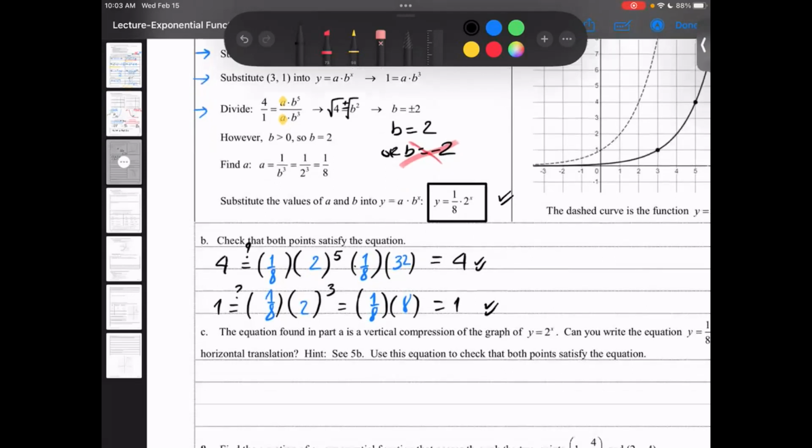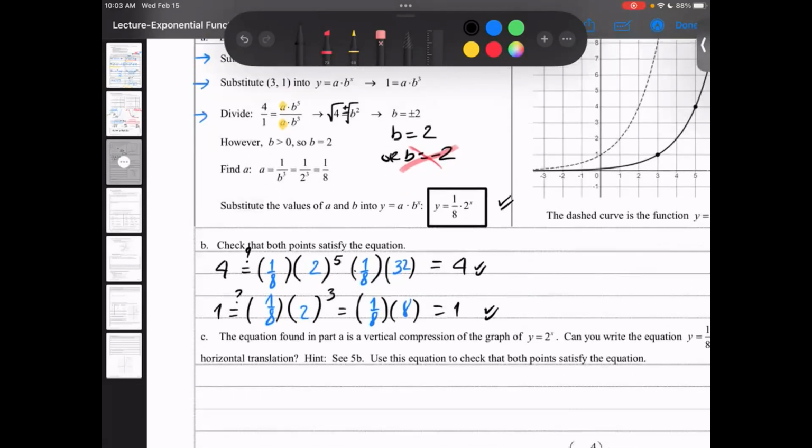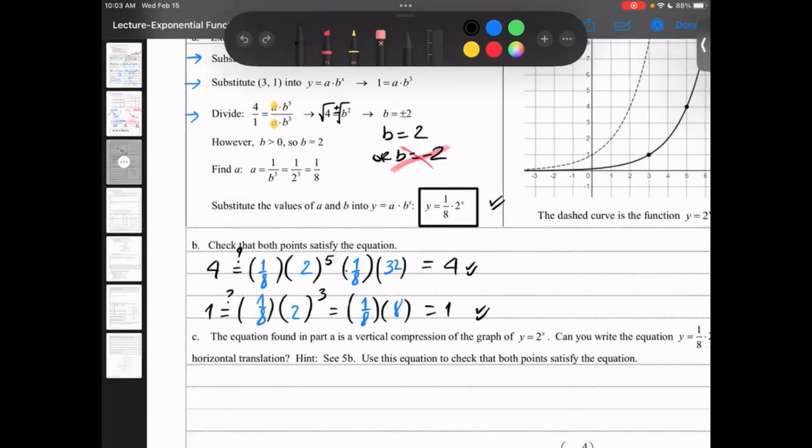The equation found in part A, they're talking about this one right here. It took a long time to appear. The equation found in part A is a vertical compression of the graph y equal 2 to the x. Is it true? Yes, right?